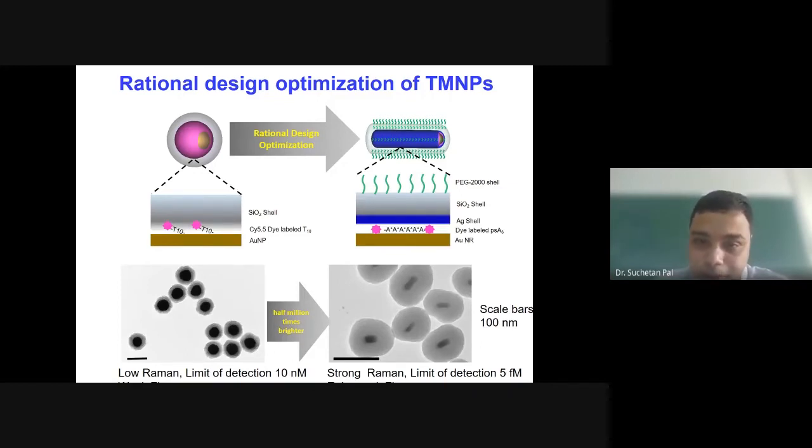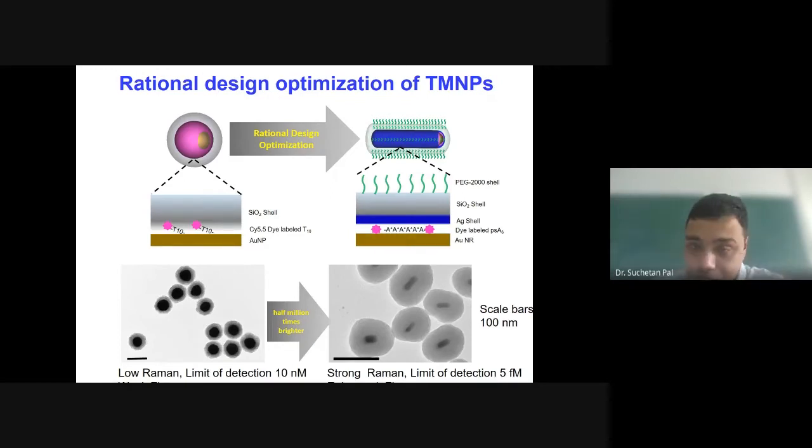After the design optimization, what we found is that if you have a gold nanorod core and a polyadenine sequence with this particular dye and a silver shell, you have much brighter fluorescence as well as brighter Raman out of these nanoparticles. The limit of detection is around 5 femtomolar, which is a very low concentration.